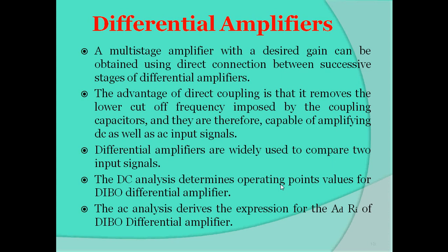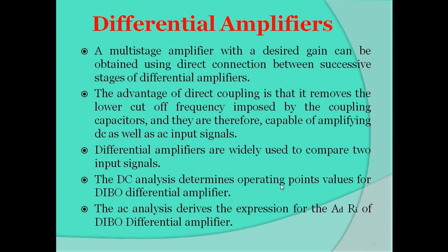The DC analysis will be required to determine the operating point values for differential amplifiers, and to determine the expressions for voltage gain or differential voltage gain and input resistance Ri, we have to go for AC analysis. So for a differential amplifier, we have to determine its operating points and also its voltage gain and input resistance.